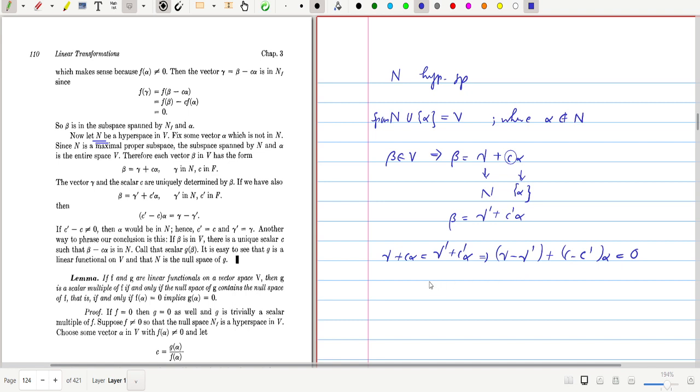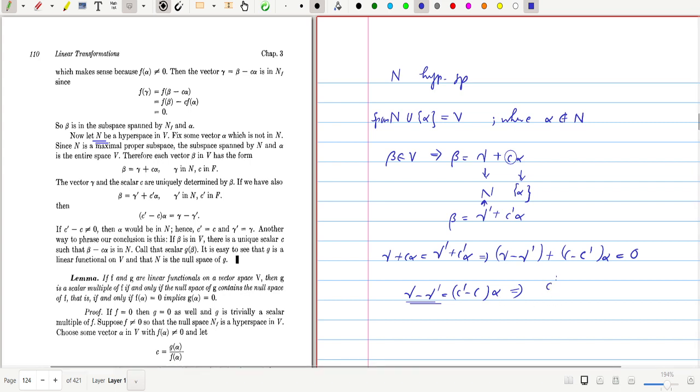Then this implies that gamma minus gamma prime equal to C prime minus C times alpha. So this gamma minus gamma prime is always an element of N. If this is the expression, then the right side is an element of N.